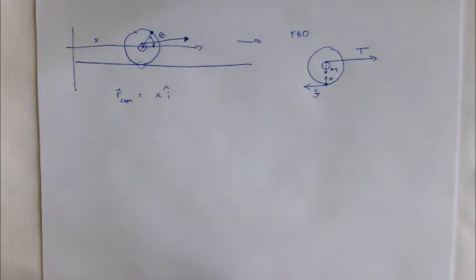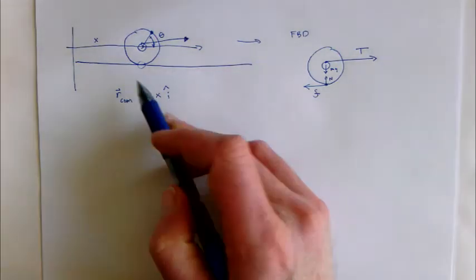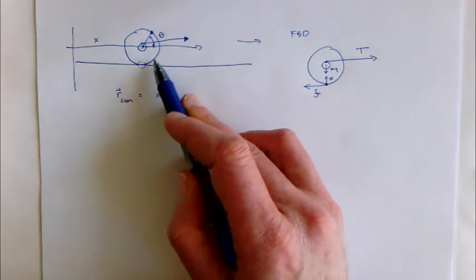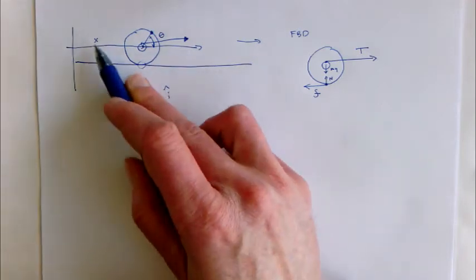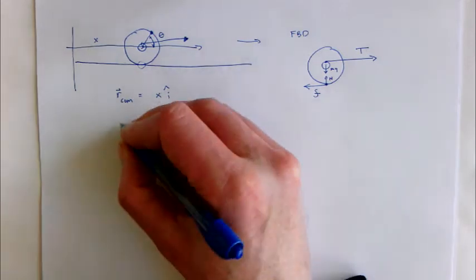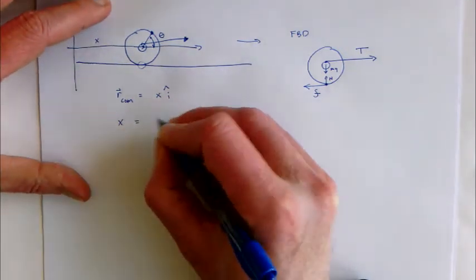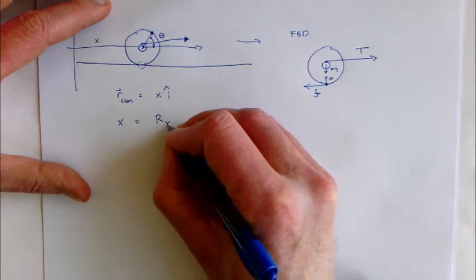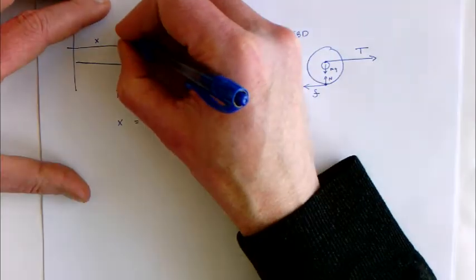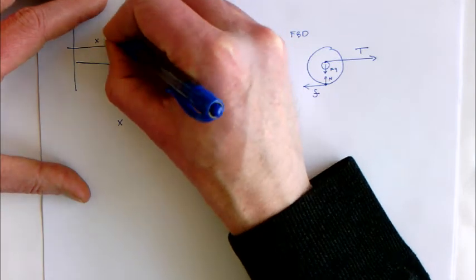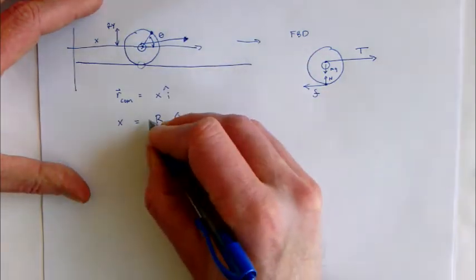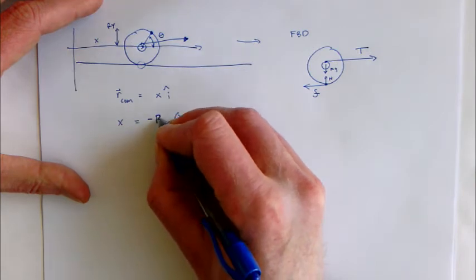Okay? And if you actually think about this, if you've got this yo-yo constrained to roll without slipping, there's a relationship between theta and x. In particular, x is going to be simply whatever the radius of the yo-yo is, which I'll call r sub y, times theta with a negative sign in front of it.